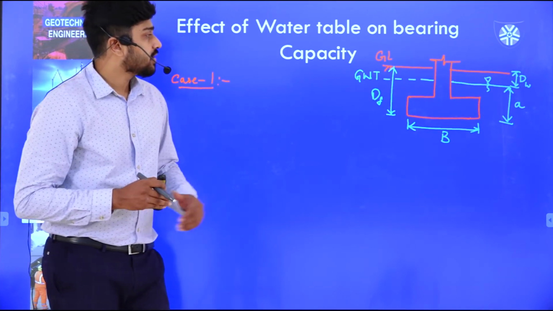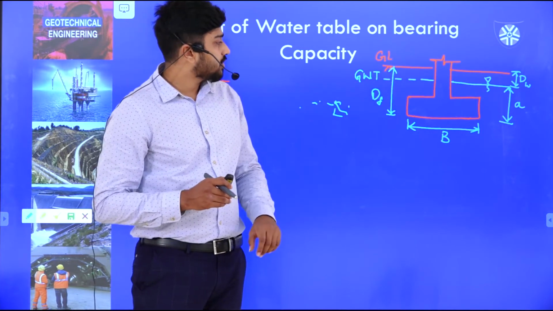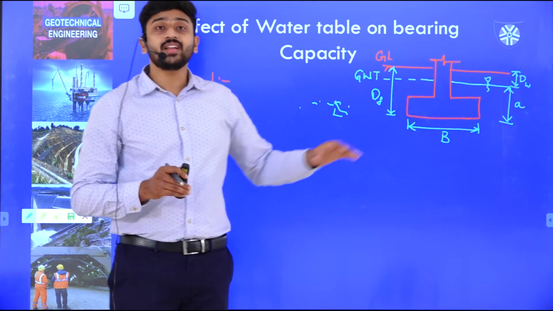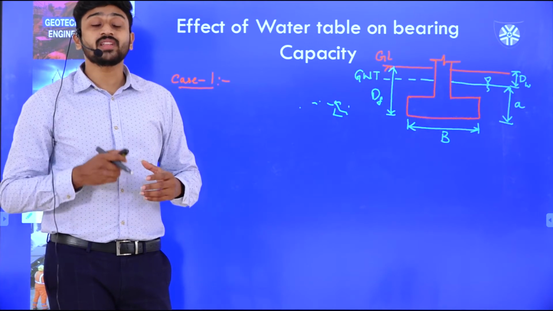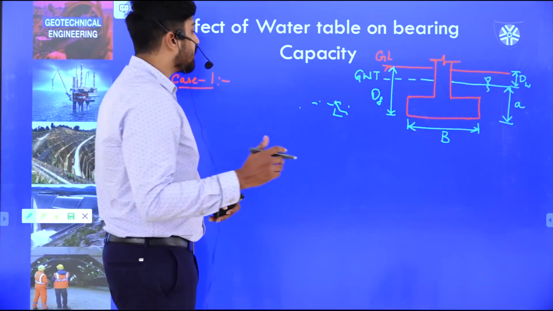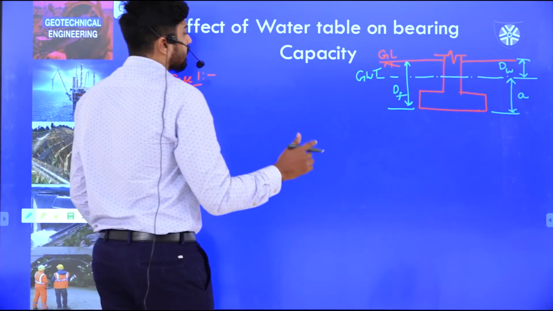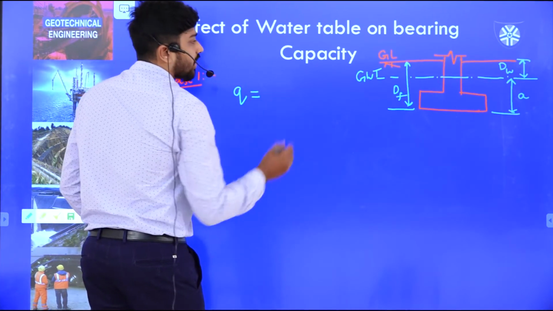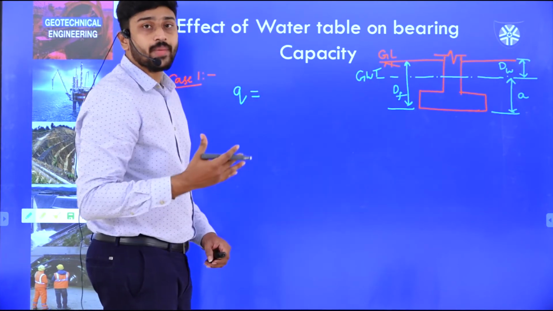Here the effective surcharge present above the base of the footing is now in a submerged state, so we have to consider the effective weight here. This q in the surcharge term of our bearing capacity expression will now vary.